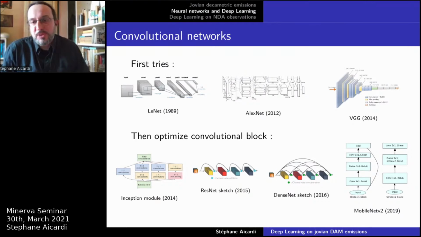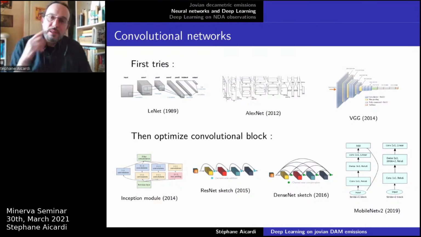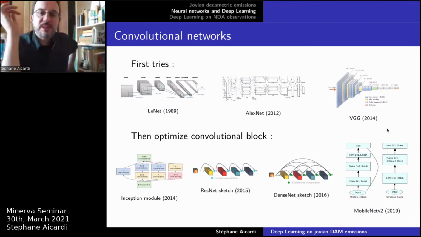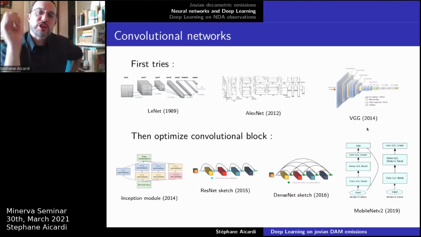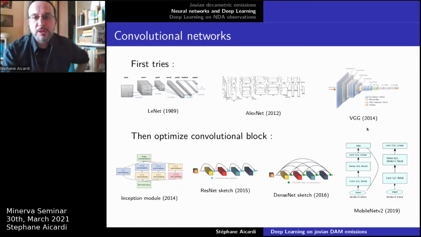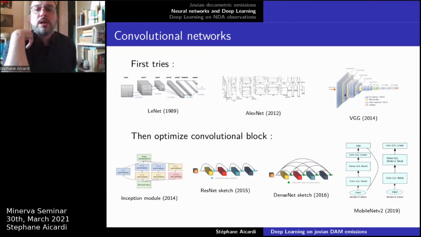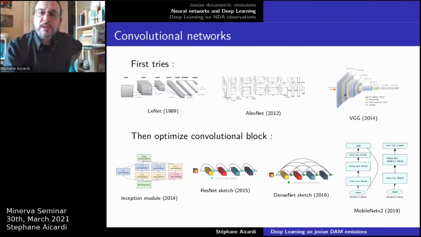and were optimizing them. In 2014, we have two competitors, VGG, which is what I would call a vanilla convolutional network. It uses only kernels of 3x3, and we have convolutional, pooling, convolutional, pooling, and last classification.